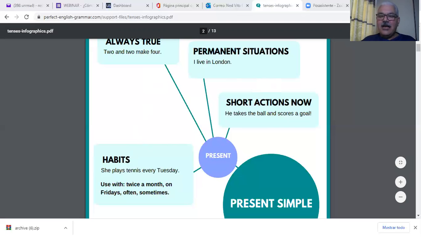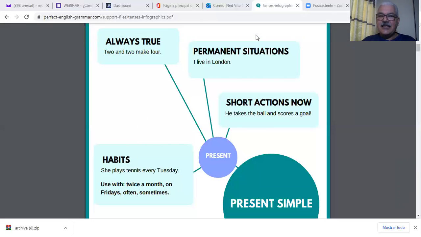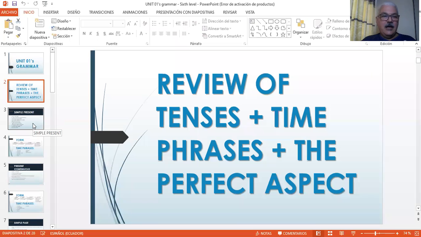Okay, now let us analyze this in the structure. I am going to share with you right now the structure that we use for the present simple. Here you can see the simple present, okay?